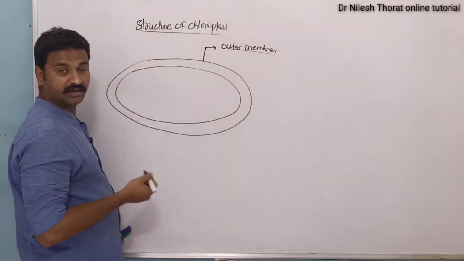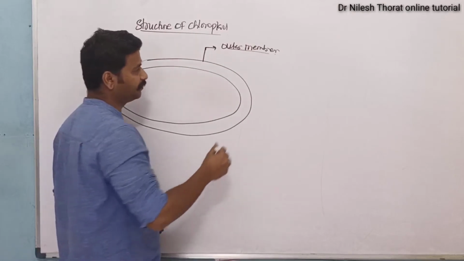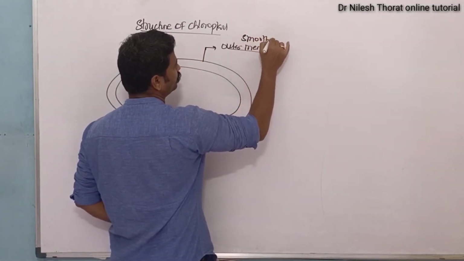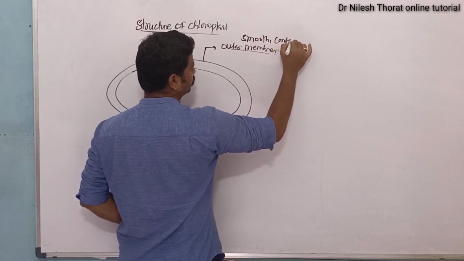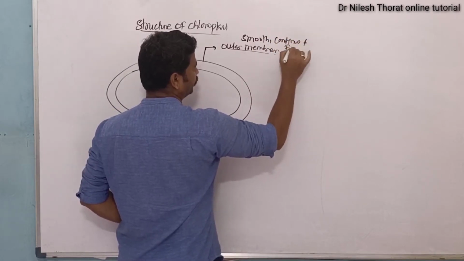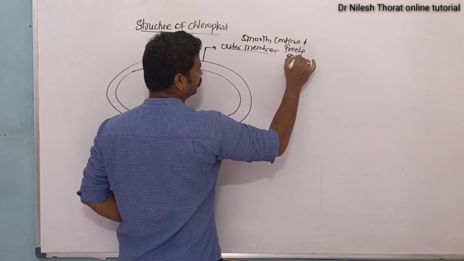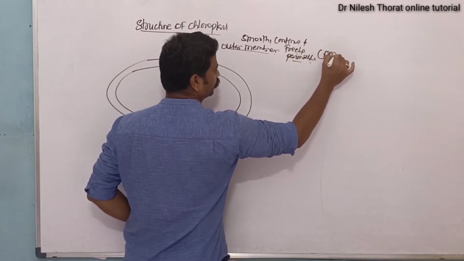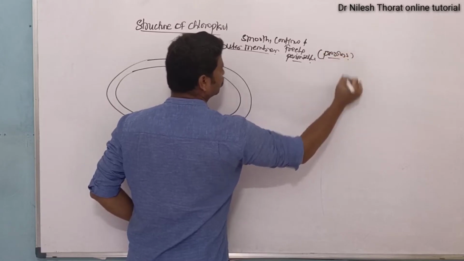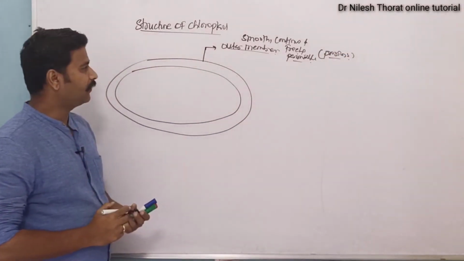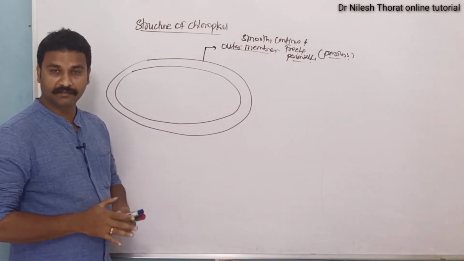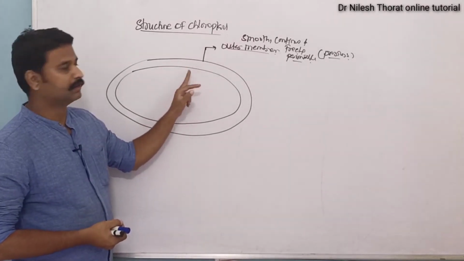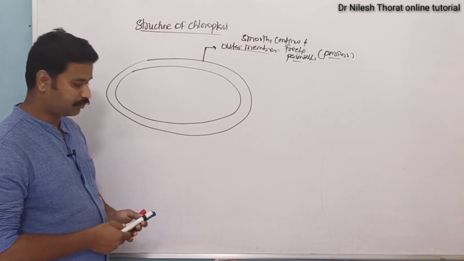The outer membrane is smooth, continuous and freely permeable, just like mitochondria, due to presence of porins. Clear? While the inner membrane in case of chloroplast is also smooth and continuous. This is contradictory to mitochondria.